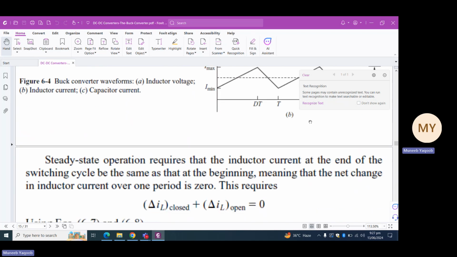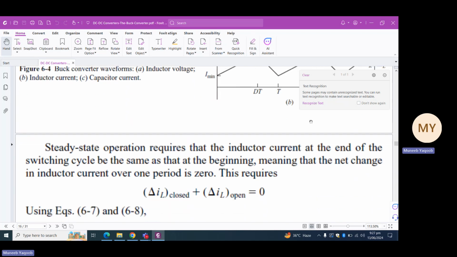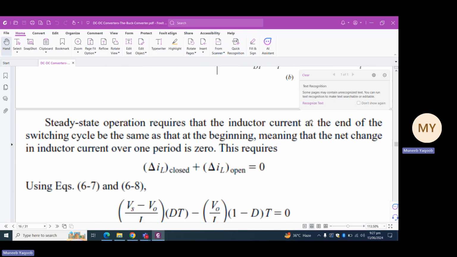Okay. Now coming to the derivation of the output voltage, we can say that the sum of the delta IL closed and delta IL open is equals to 0, because these two currents are basically cancelling each other.